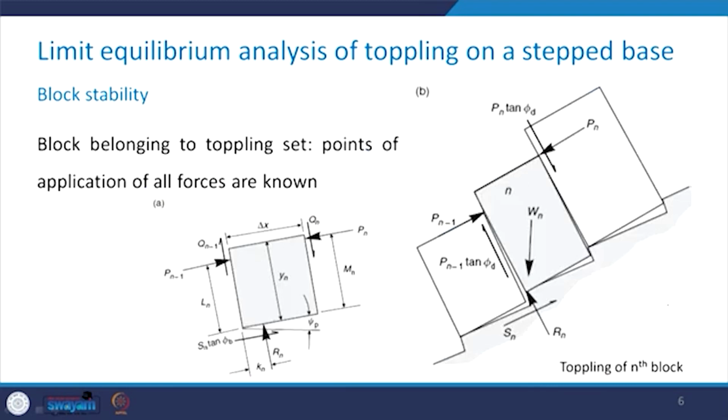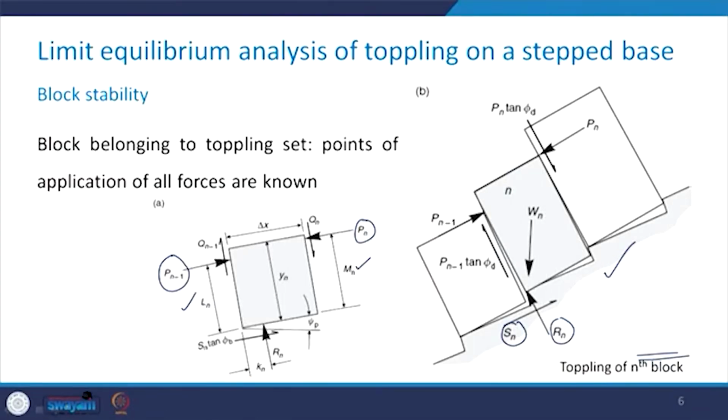Now let us first take a block which is belonging to the toppling set. So in that case, point of application of all the forces are known, like here you can see Mn and Ln, they are known, where the Pn and Pn minus 1 respectively, they are acting.